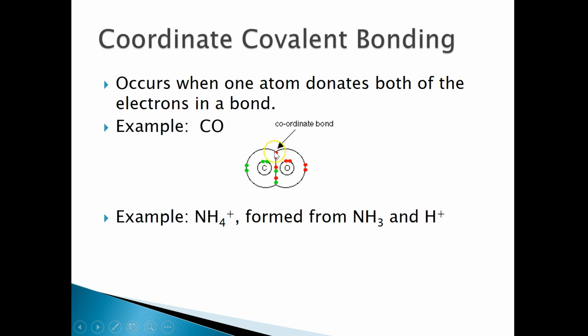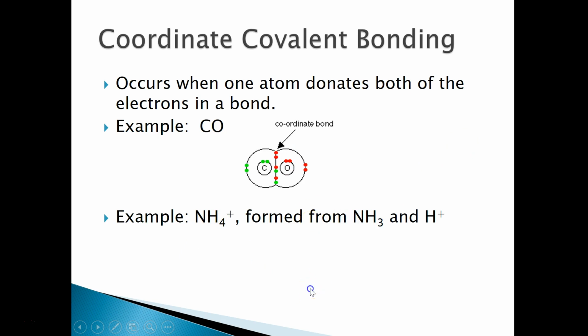In carbon monoxide we have that triple bond. And because of the structure of those atoms, oxygen can only provide 2 of the 6 bonding electrons. That means that the other 2 need to come from carbon. And this bond right here, where both of the bonding electrons come from carbon, is the coordinate bond.